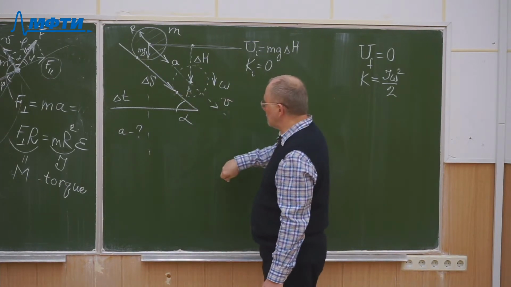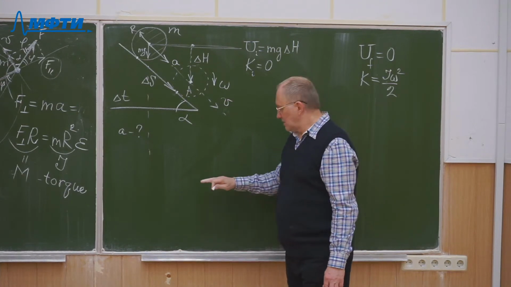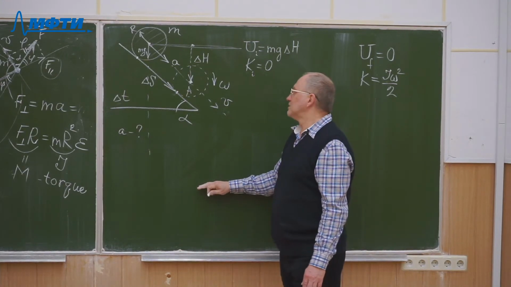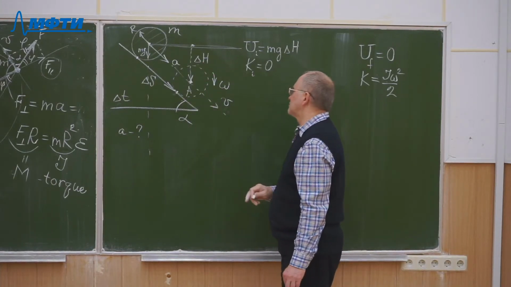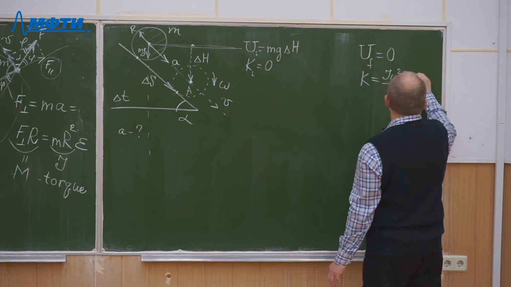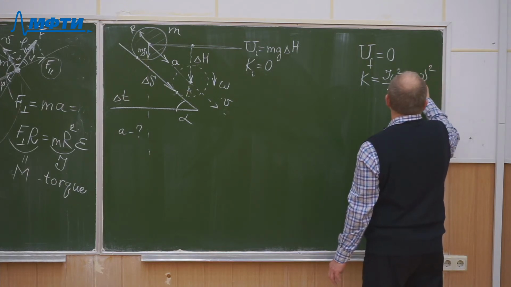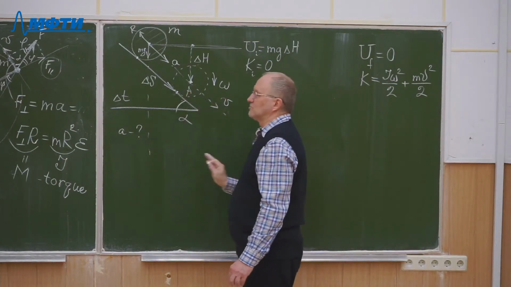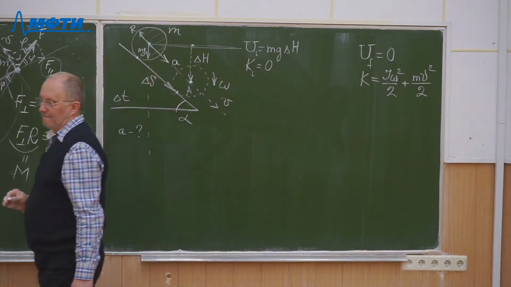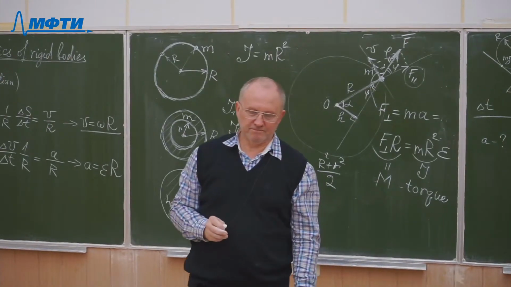Now, if we return to our reference frame connected to the Earth, we will see that along with rotation there is some motion of the center of mass. So there must be some additional kinetic energy associated with the translational motion of this body.